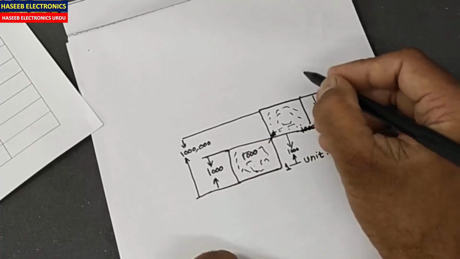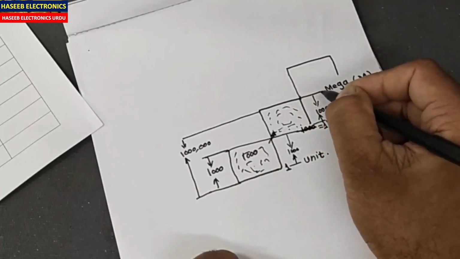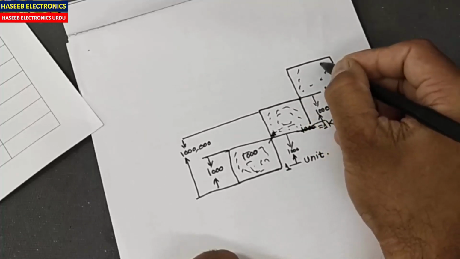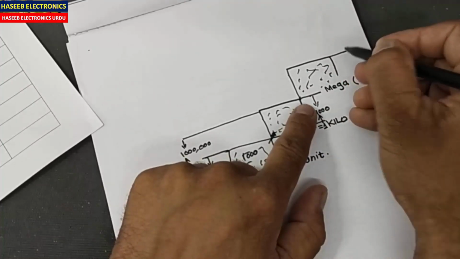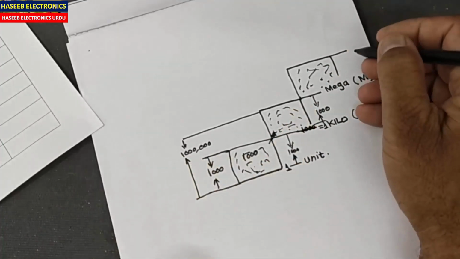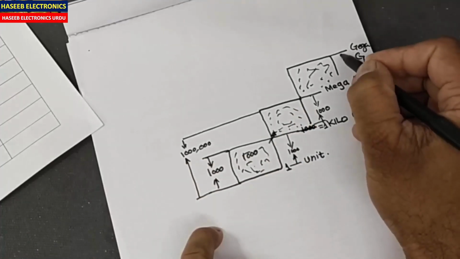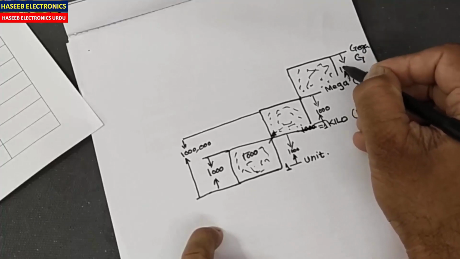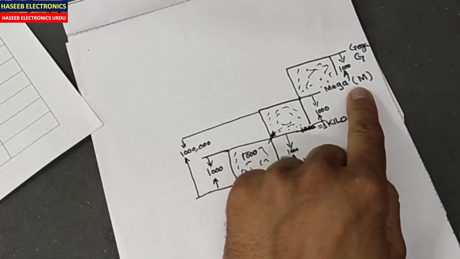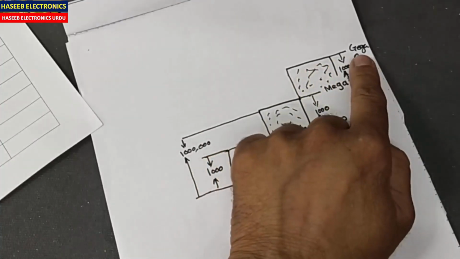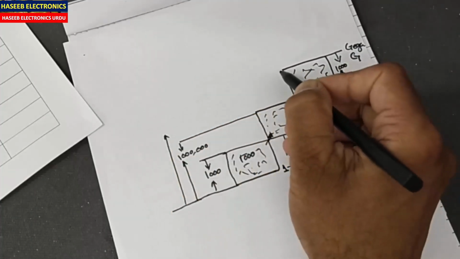At this base level we have 1 mega, and we have another box. We put 1000 mega here. It will become 1 giga, a billion. That is defined as G. From this point to this point, if we put 1 mega in this box, it will become 1 giga.